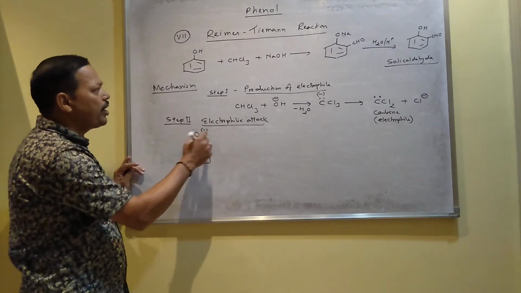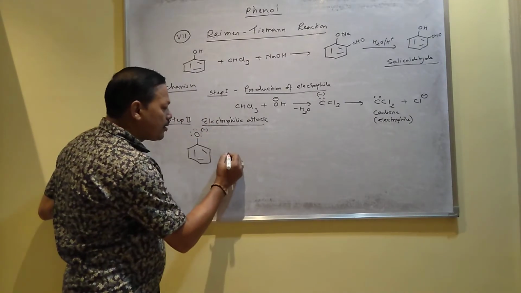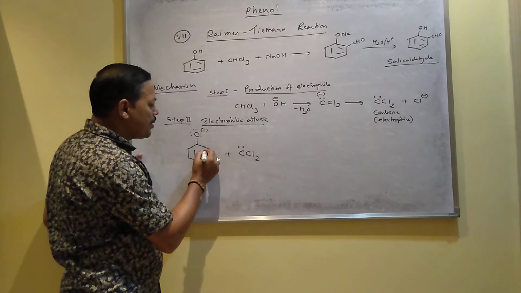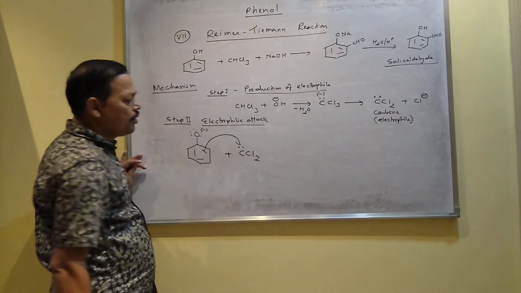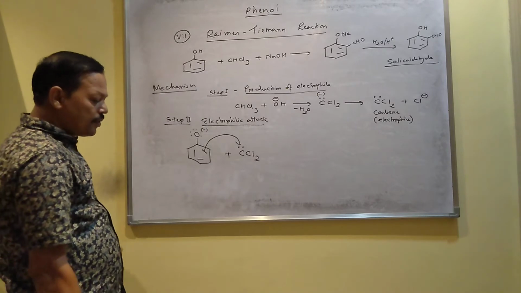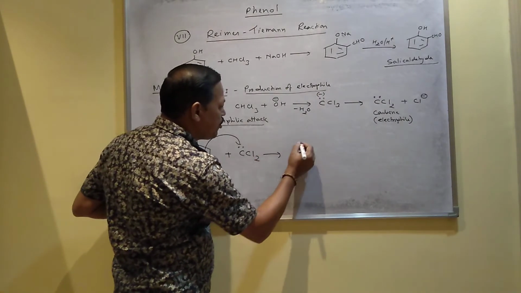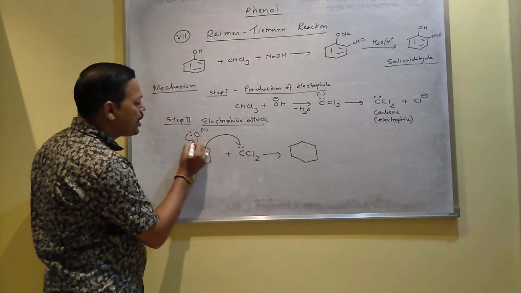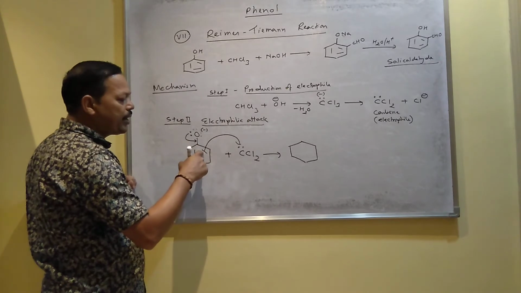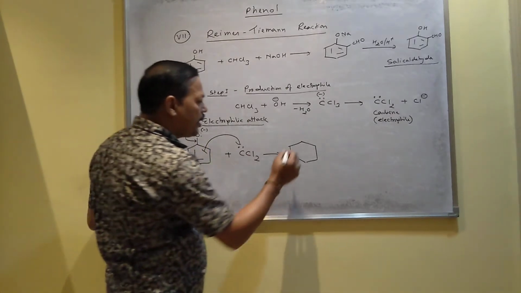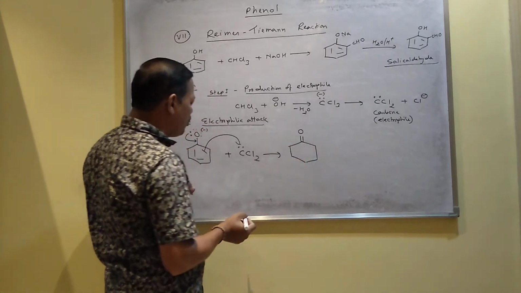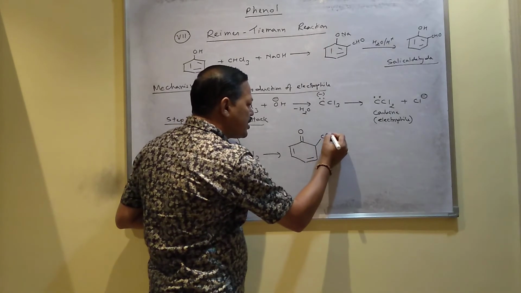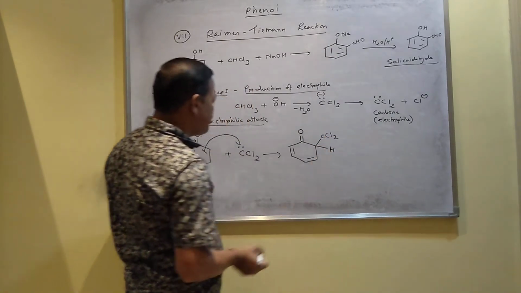That's why I have written it like this, ONa. When it combines with the carbene, I mean the electrophile, this double bond will take the carbene. After taking the carbene, the double bond will break. Actually this lone pair will first come here and produce a double bond, then this double bond breaks and it will take the carbene. Then with oxygen it becomes a double bond. This double bond remains the same. The CCl2 will join here. Here hydrogen is joined.